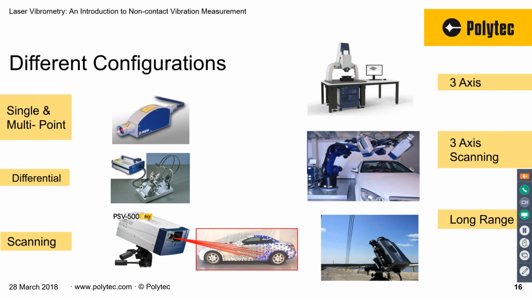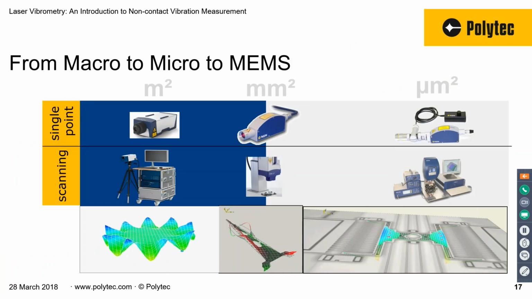Then we have our long-range vibrometer, which you saw in the previous slide. So we cover truly the range from microstructures on the right to large areas on the left, using a microstructure vibrometer here, for scanning, single point version, and our scanning version for large areas down here.